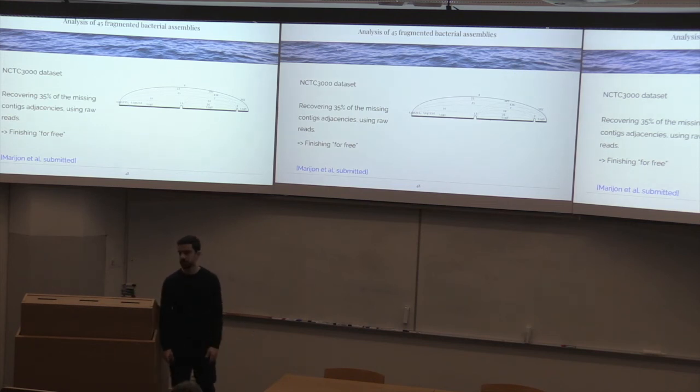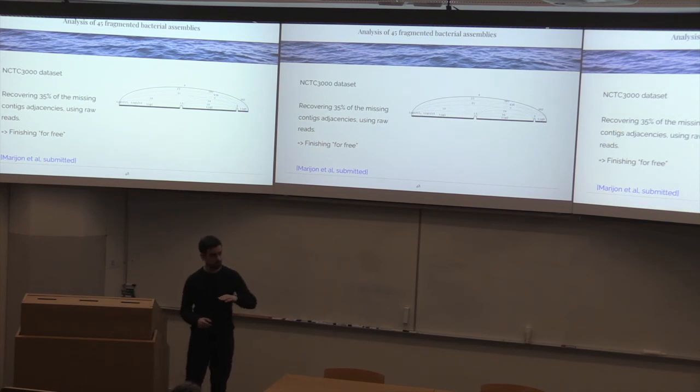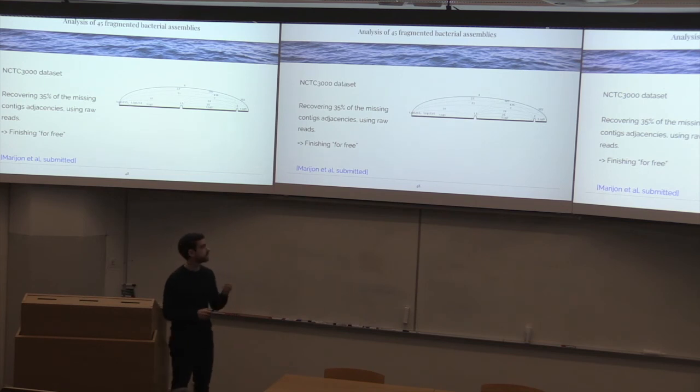Many of them went fine, but for another chunk of them, I think it was 200 or even more, the assembly is fragmented. So we took a few of those fragmented ones, and we did that kind of processing here, where each horizontal line corresponds to a contig, and we recover some of the hidden links between contigs that were not reported by the assembly graph, and see how we can connect them.